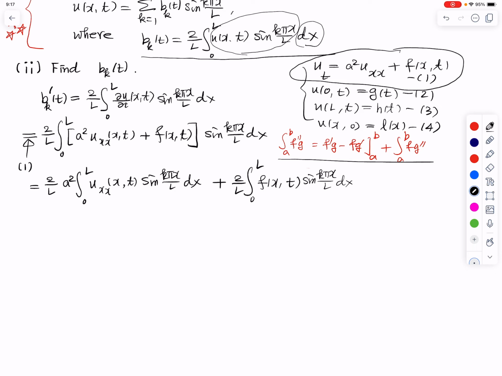Then you get 2 over L, a squared, and I have big parentheses.